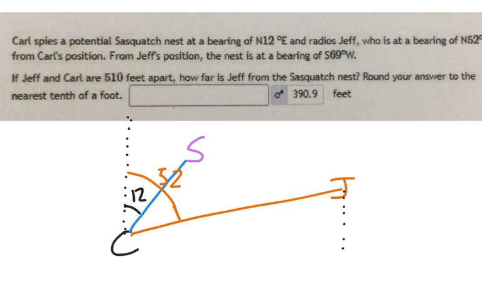So this angle right here is 69. Jeff is at a bearing of 52 degrees east of north from Carl's position. So this angle is 52. That forces this angle to be 52 minus 12, which is 40.